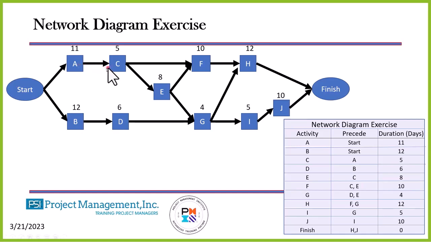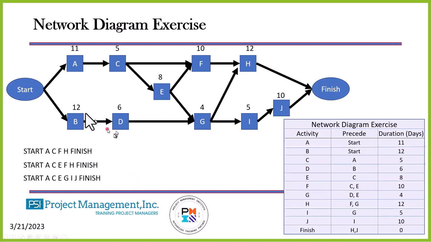I have A, C, F, H, finish. I plug it in down here. Start, A, C, F, H, finish. I have another path. Start A, C, E, F, H, finish. I plug that in. I have another path. Start A, C, E, G, H, finish. I plug that in.